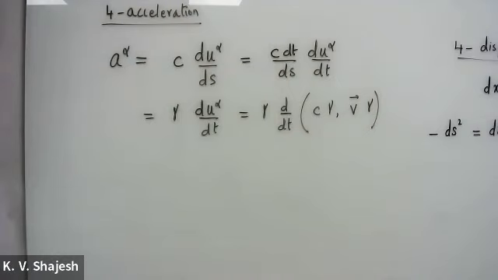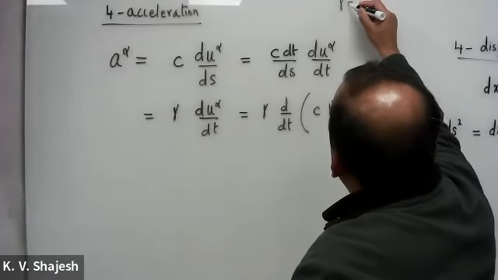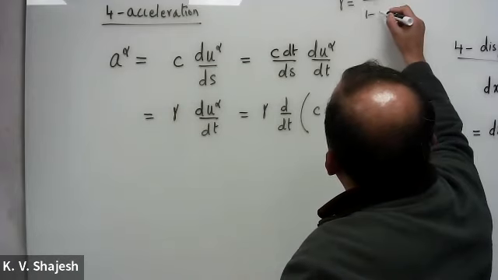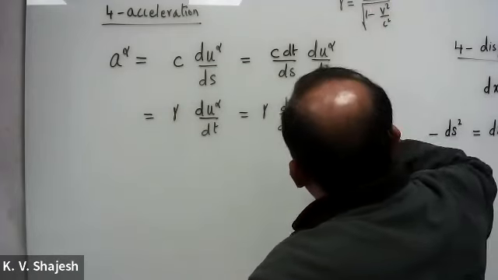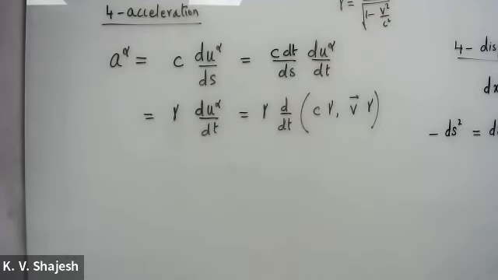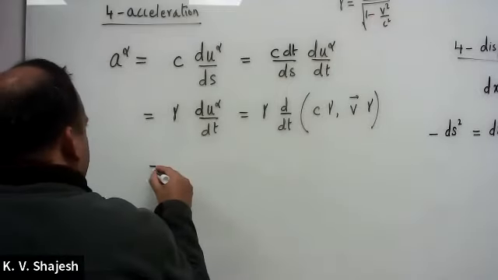Remember, gamma has velocity in it. So gamma is 1 over 1 minus v squared over c squared. So when I take the derivative of gamma, I have this v at x. So we want to do that. So let's operate this out.